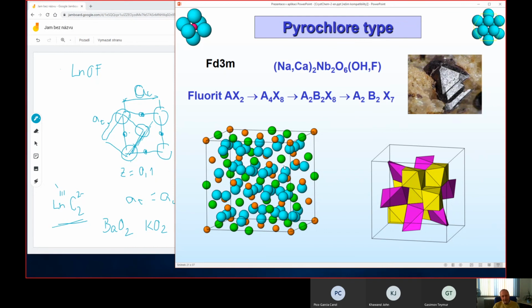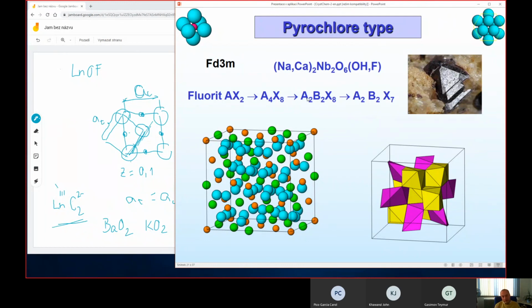In fact, the supercell contains 8 unit cells of the original fluorite structure. You obtain the stoichiometry A4X8, and now you replace 2 out of 4 atoms A by another type of atoms, like niobium is replaced by calcium or something like that.